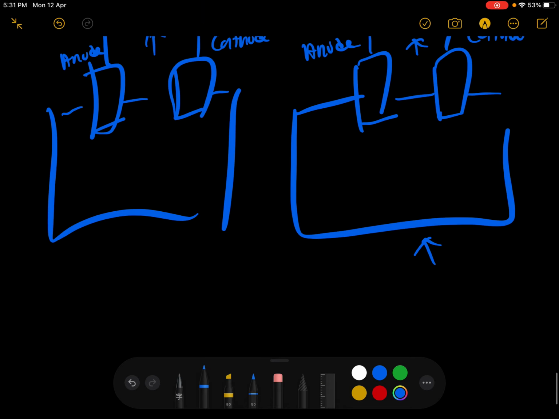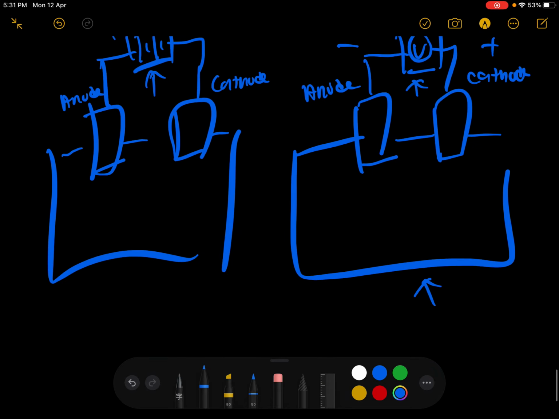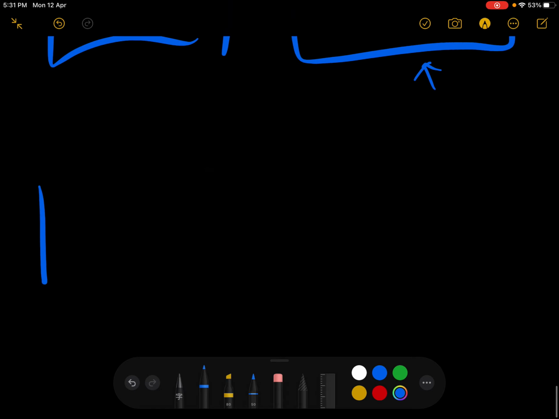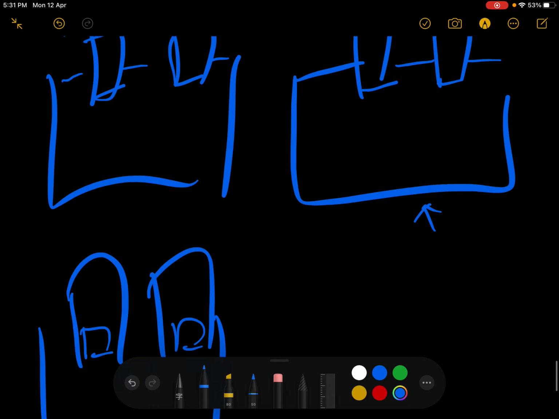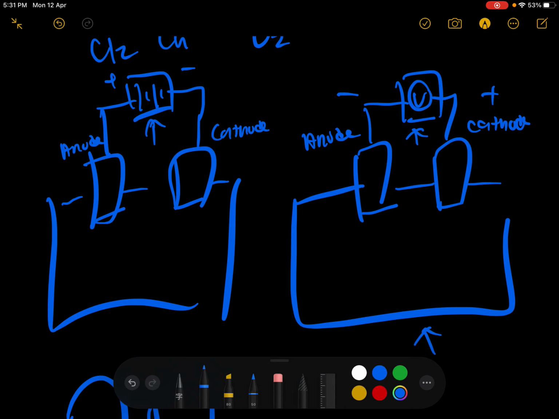Another thing I want to bring up is that this can exist in multiple ways. For example, if they're collecting gas, the anode and the cathode will be enclosed by a test tube used to collect the gas. For the chemical cell, there are multiple types.